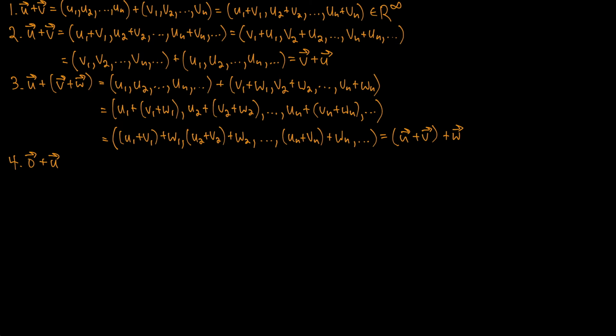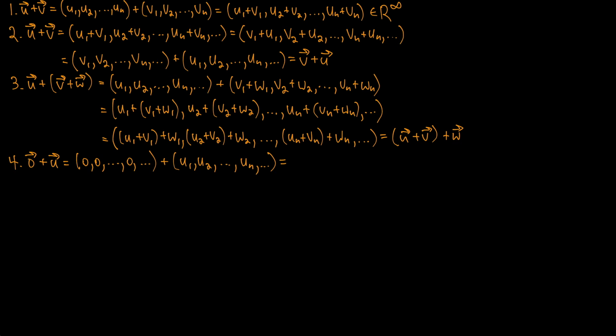So 0 plus u is just 0, 0, and so on. And that'll add to u1, u2, through un, and so on.